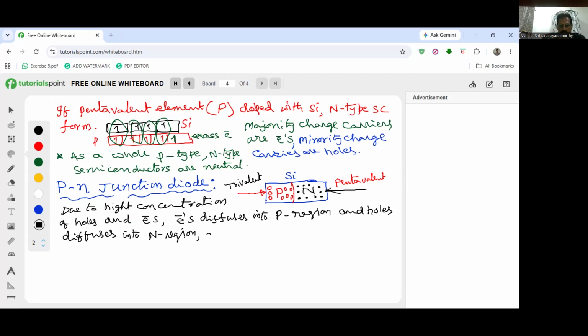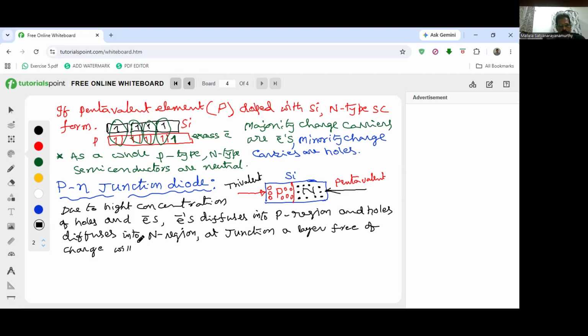At the junction, a layer free of charge will be developed.